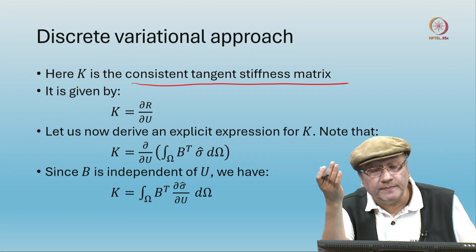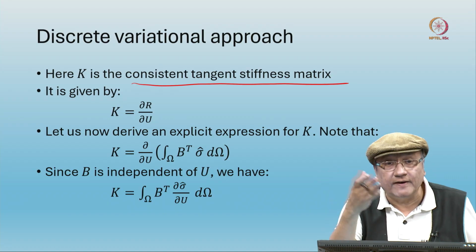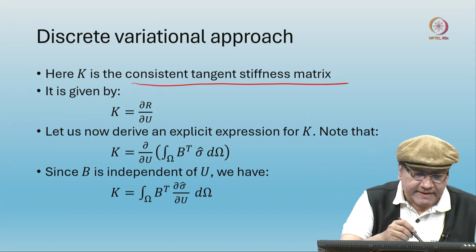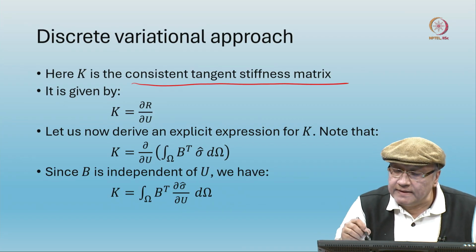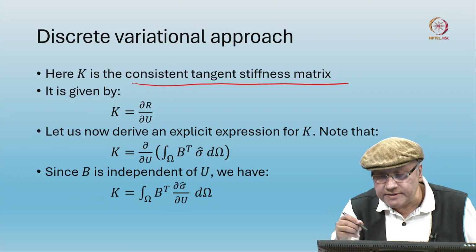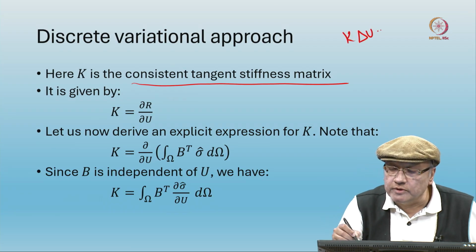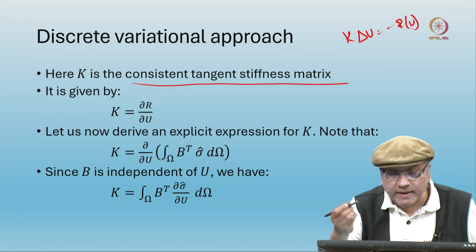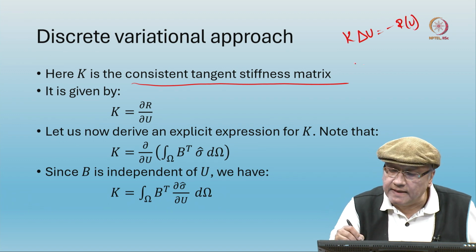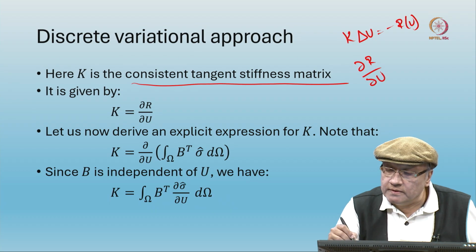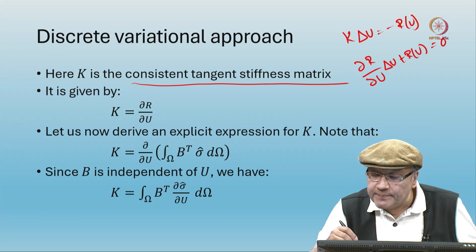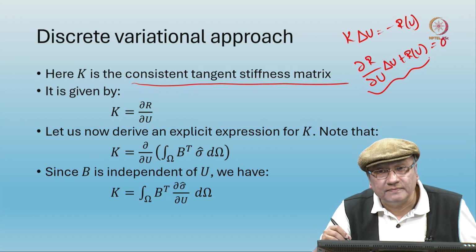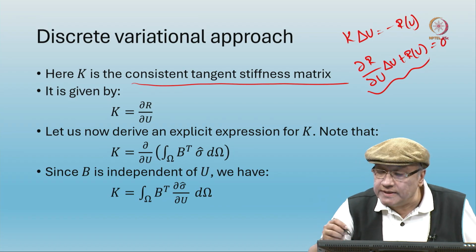What is the expression for K? Because we are minimizing the residual R as a function of u, clearly K is basically del R by del u. So K delta u is equal to minus R of u, correct? What does it mean? It essentially means that del R by del u times delta u plus R of u equals 0. This is an approximation of R of u about u.